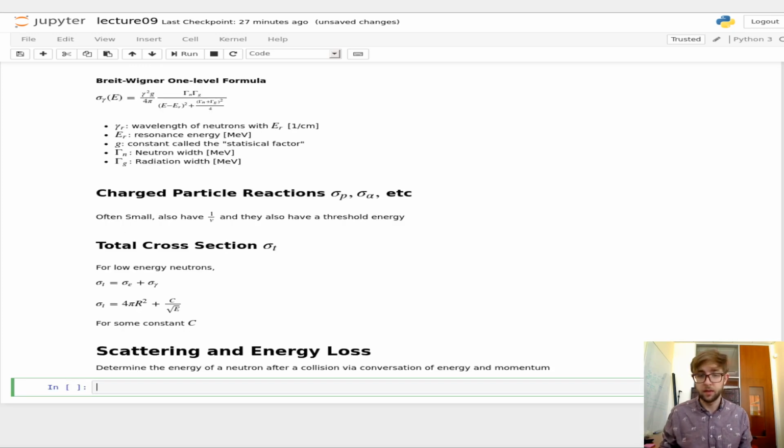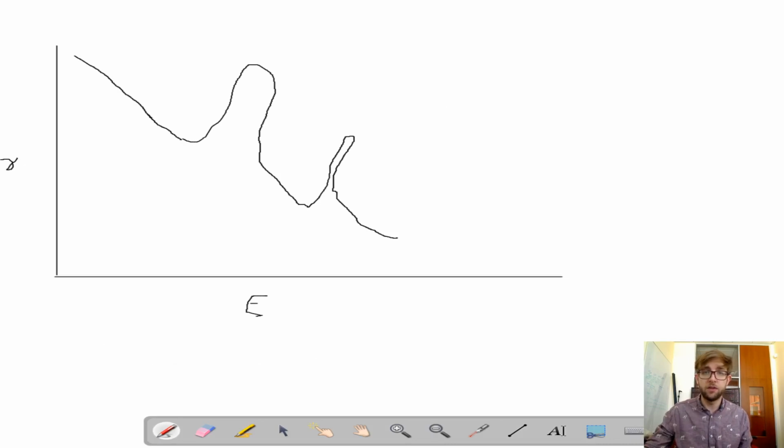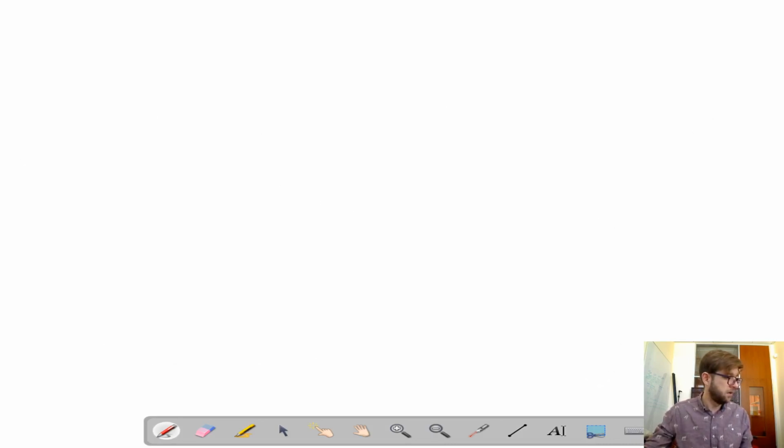As you'll recall, if we wanted to draw a diagram of what was going on, we have some nuclide in its reference frame, and then a neutron coming in to hit it.